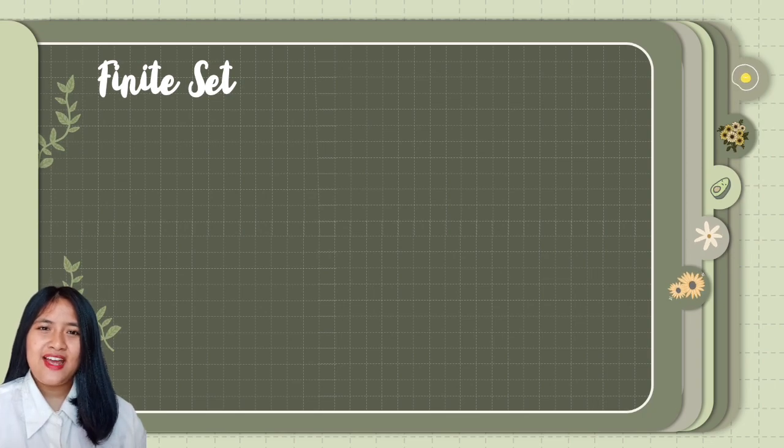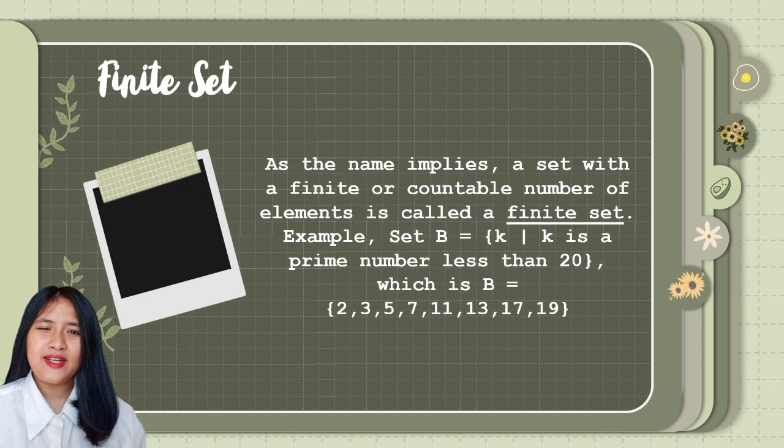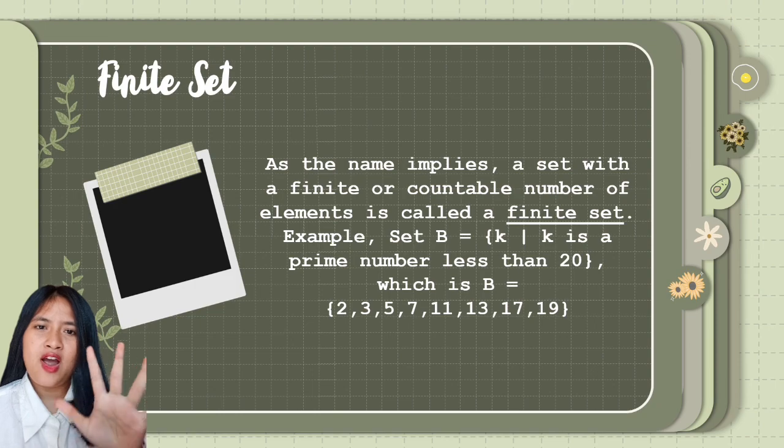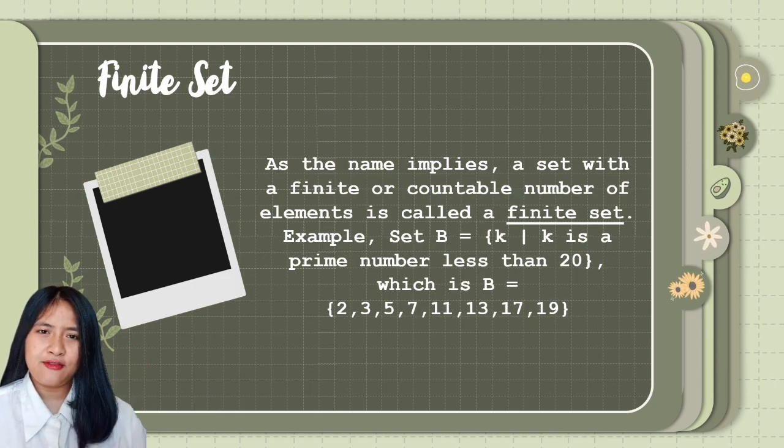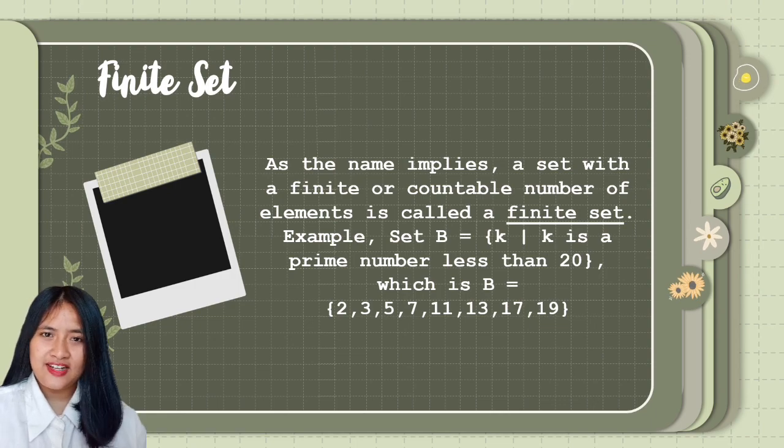As the name implies, a set with a finite or countable number of elements is called a finite set. Example, set B with element k, where k is a prime number less than 20, which is B with elements 2, 3, 5, 7, 11, 13, 17, and 19.